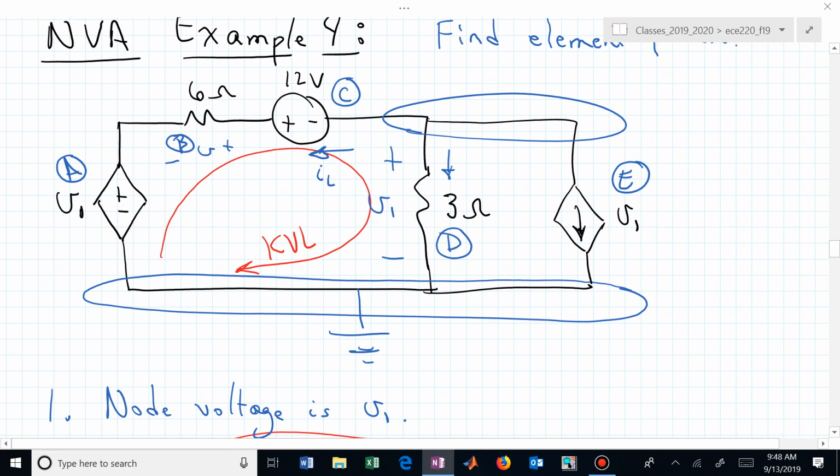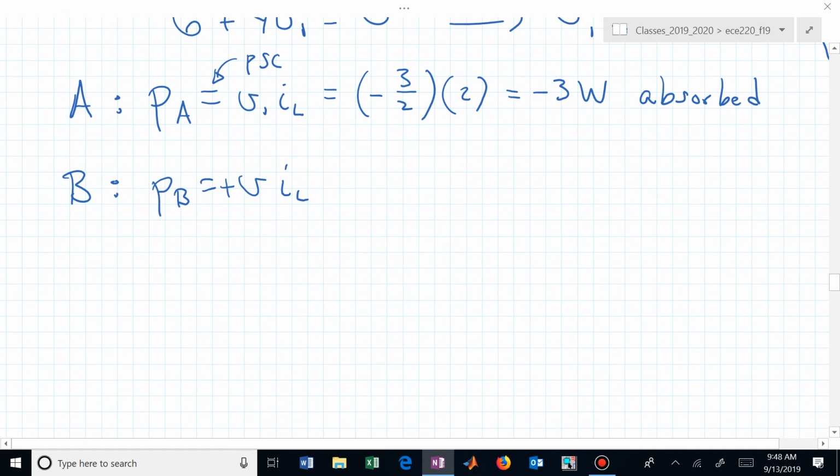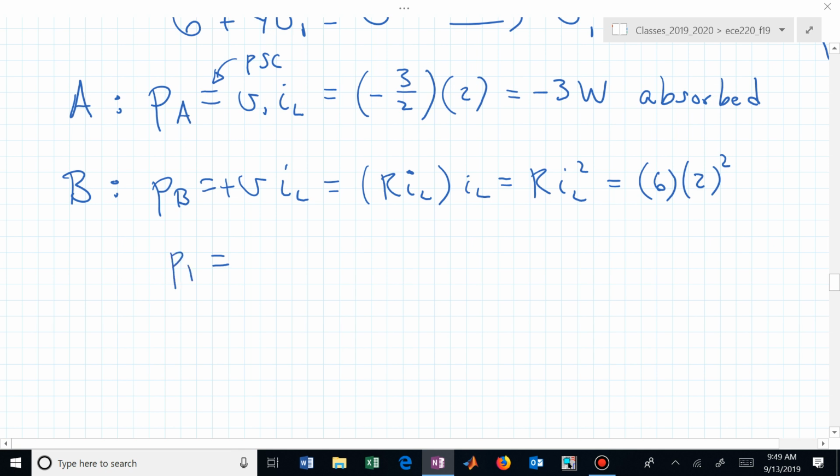Plus, isn't it? But V is just R times I sub L. And what was the resistor? 6. And I sub L? 2. Power of B? That makes sense. It's absorbed 24 watts.